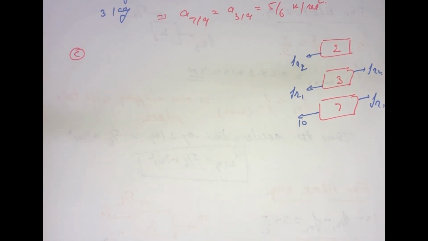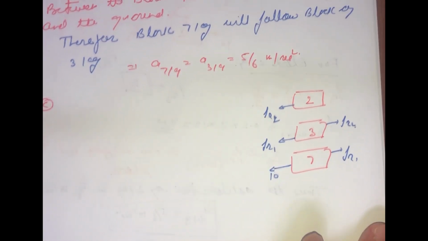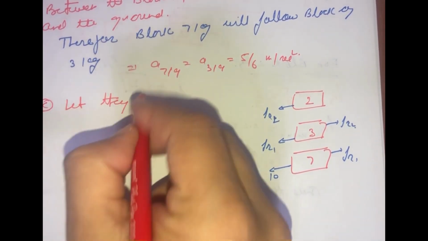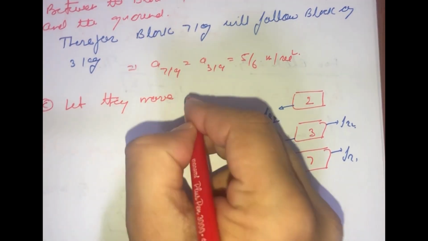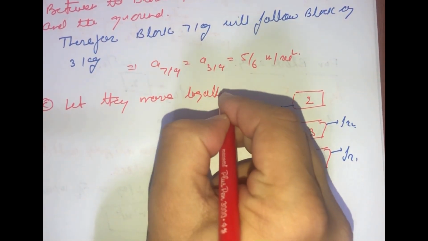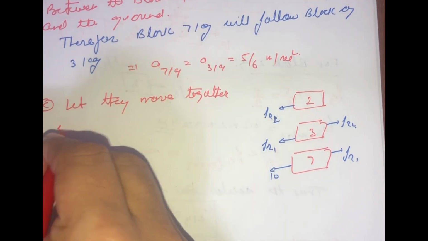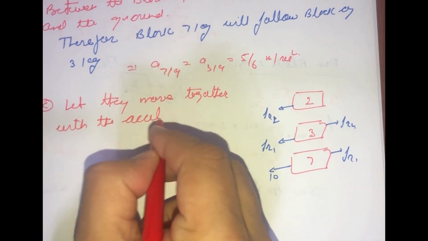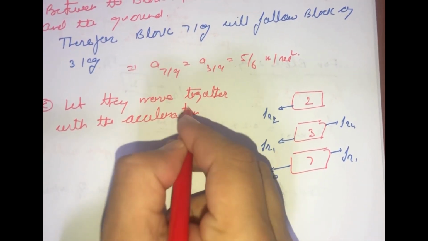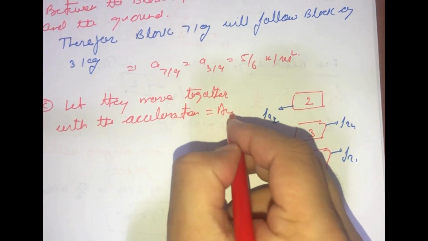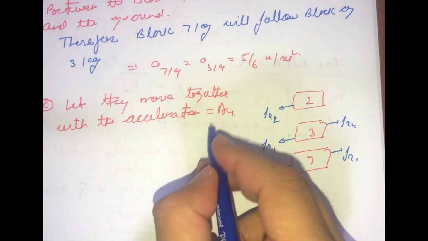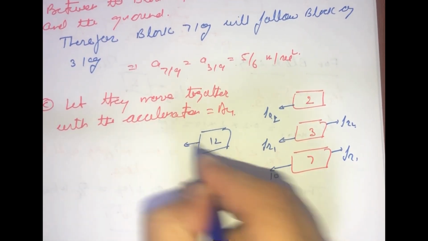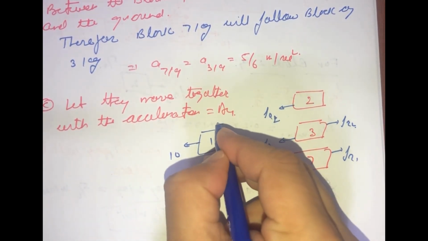Once again, assume they move together with the acceleration of a4. So we have a weight that is 12, force being applied is 10, and acceleration is a4.